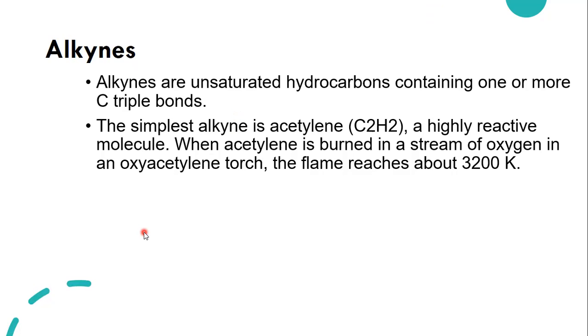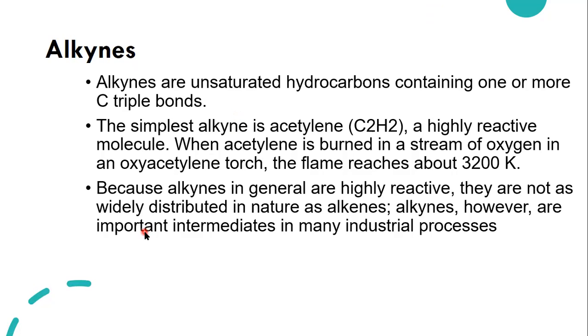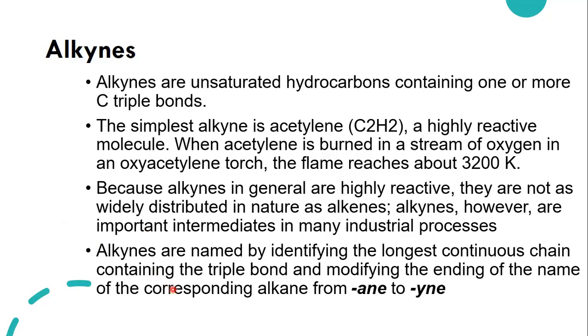Because alkynes are generally highly reactive, they are not as widely distributed in nature as alkenes. However, alkynes are very important intermediates in many industrial processes, used in the society for making chemicals.